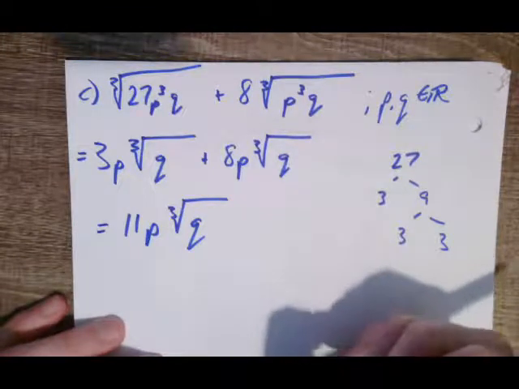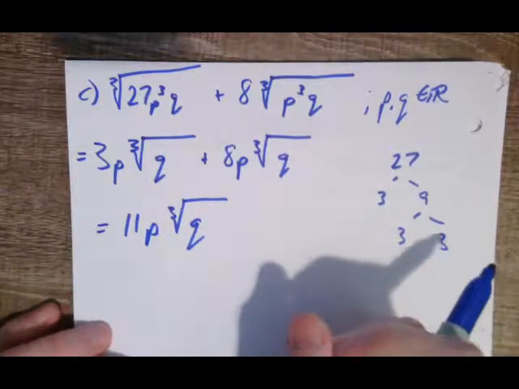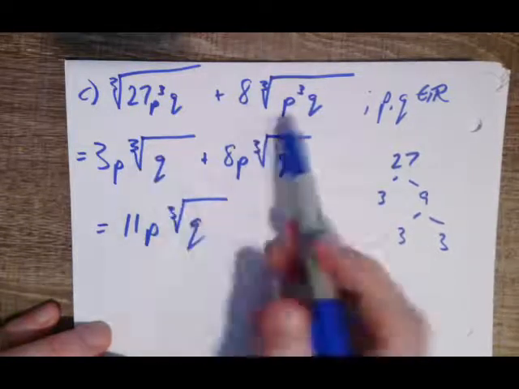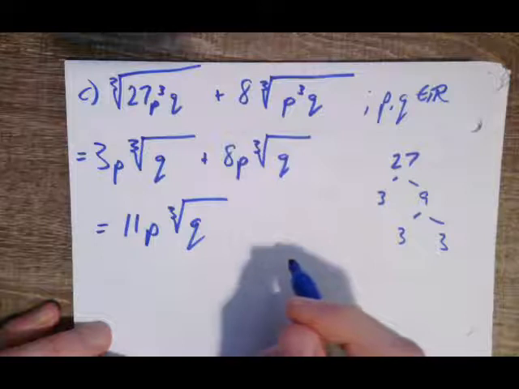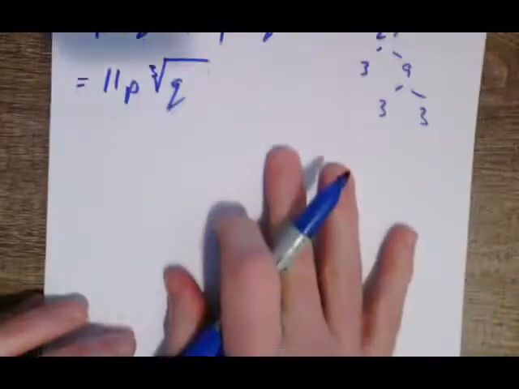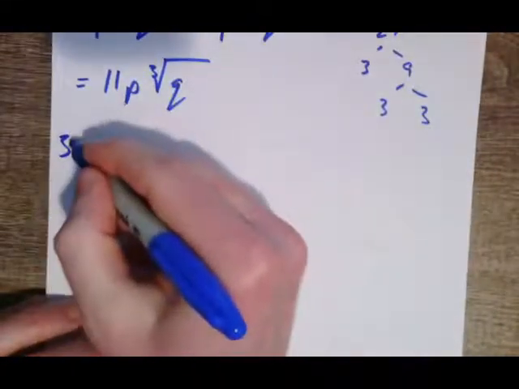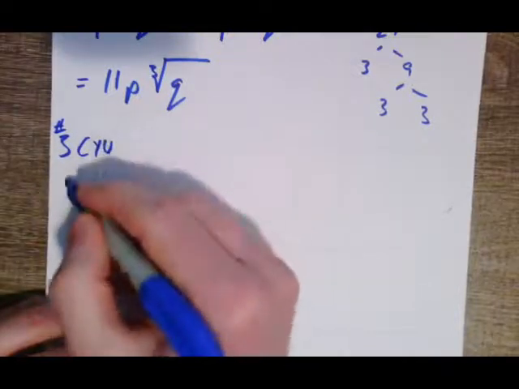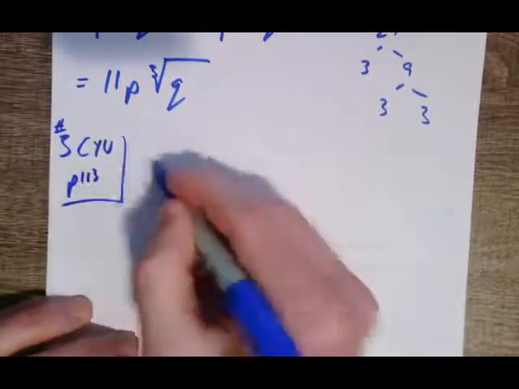So now for our last check your understanding, it's mixing it up a bit so you won't always have like terms. That's what the practice is going to be here. Number 3, CYU, page 113.